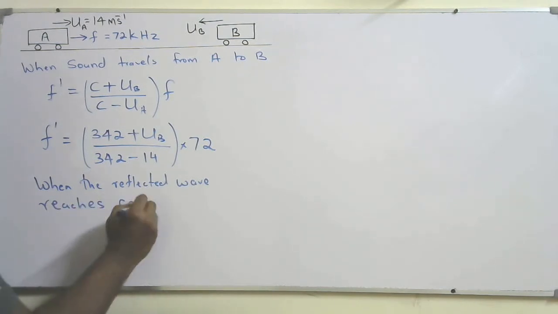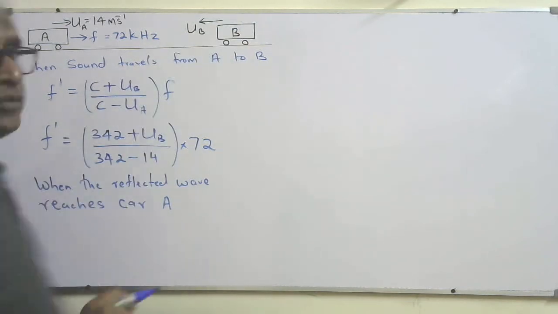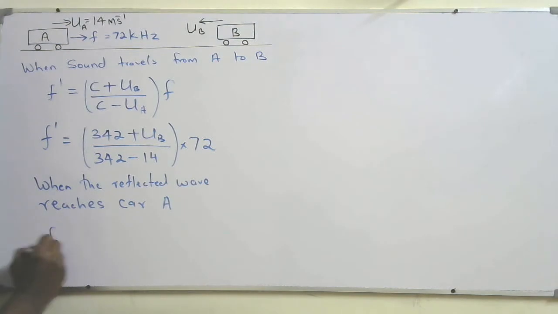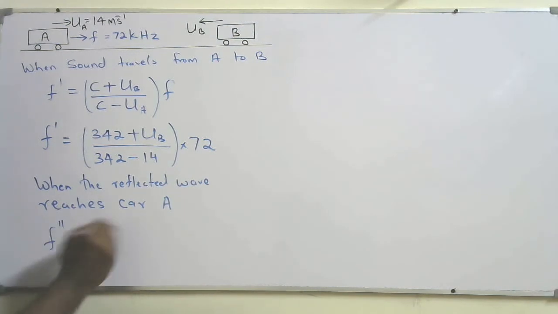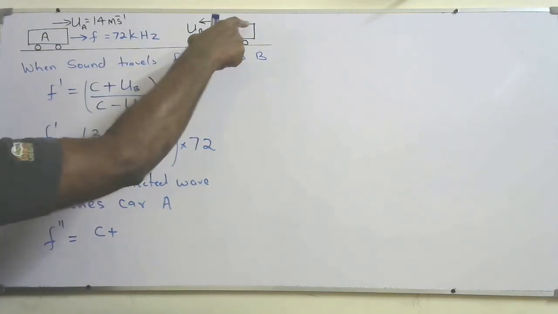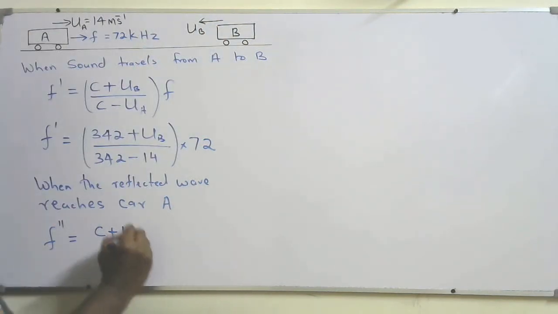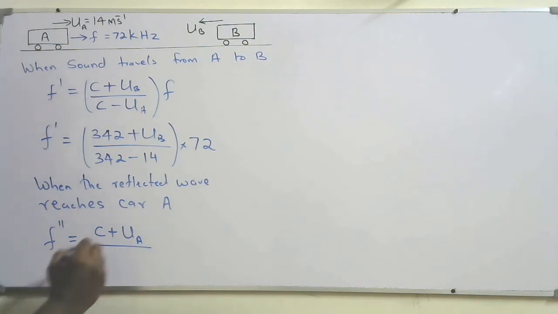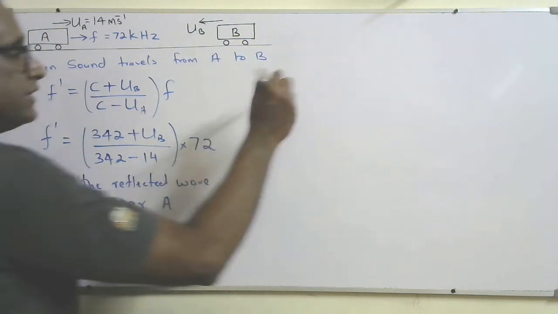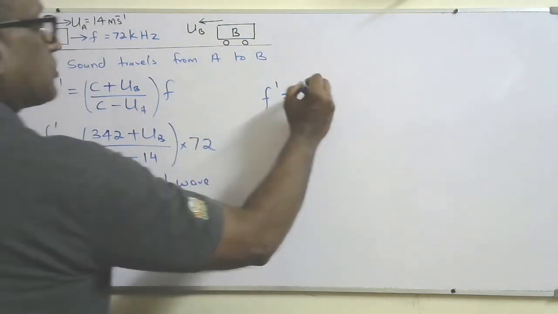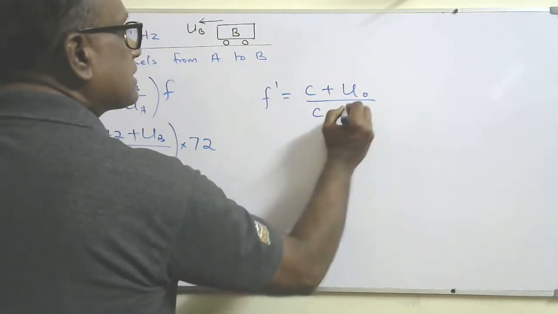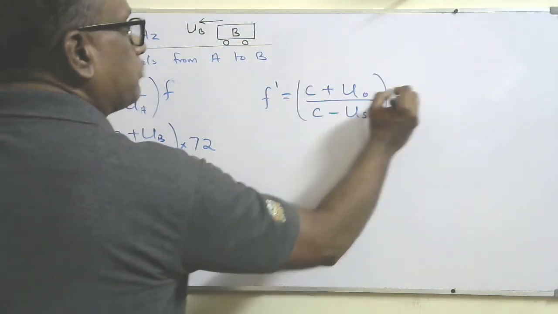Okay, when the wave reflects from B and reaches car A, B is going to be the wave source and A is going to be the observer. Car B was earlier the observer, now car A is the observer. You know the equation: f dash equals C plus UO over C minus US into f when both are in motion.